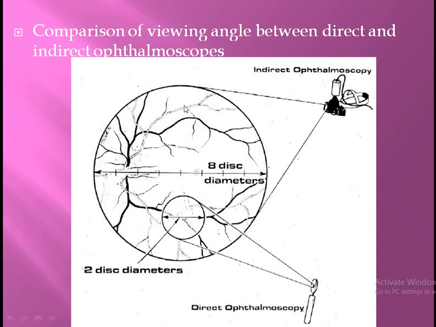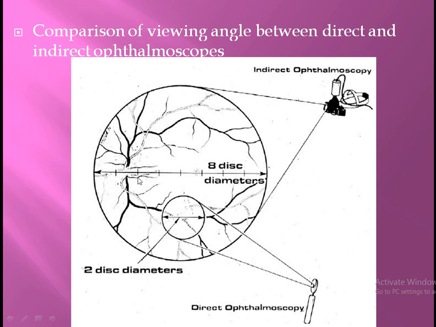There is no comparison between this one and this one. So much larger that, through the indirect ophthalmoscopy, you can visualize the whole retina, not only the central part but also the peripheral part, as compared to the direct ophthalmoscopy, which can visualize just the central part.